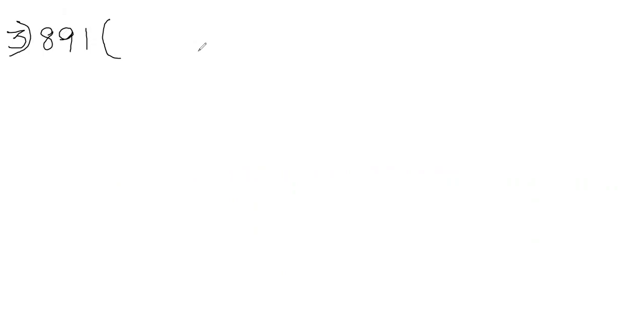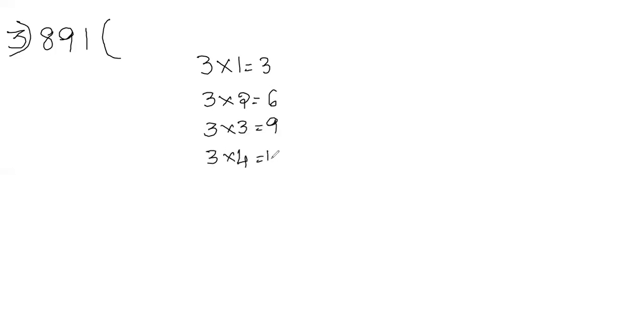Now in the 3 table, first we'll write the 3 table here. 3 ones are 3. 3 twos are 6. See, if you write the table, what will happen? It is going to be a benefit for you, and we will be able to do the division properly. That is the reason we have to write the table whatever the divisor is.